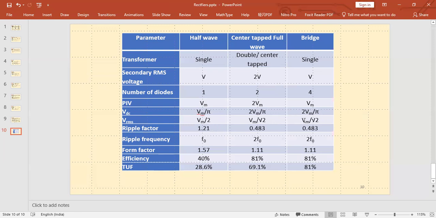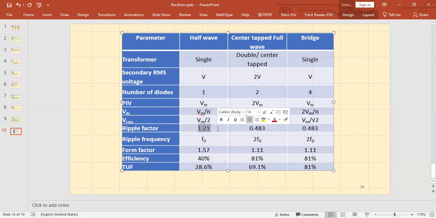RMS voltage is this. We are not much bothered about this, but we are bothered about the ripple factor. Ripple factor is the AC component by the DC component. Here, the AC component is more than the DC component; the ratio is 1.21. In these two cases, the AC component is slightly less than half of the DC component.